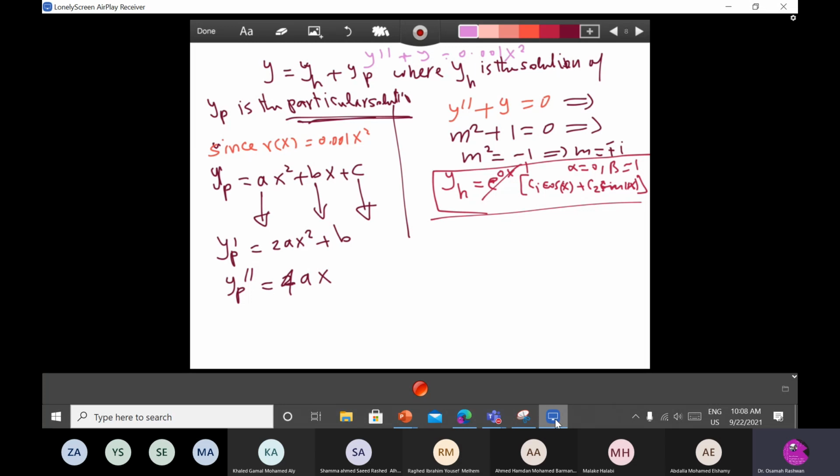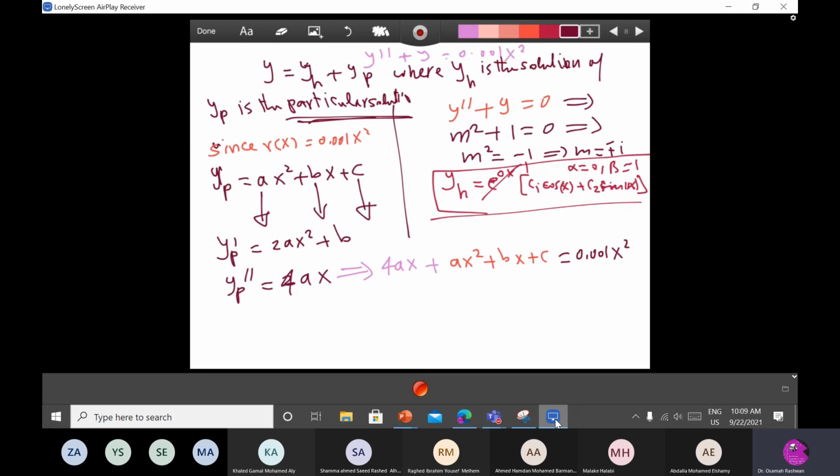So y double dash is equal to 2a, plus y, which is a x squared plus bx plus c, equal to 0.001 x squared.